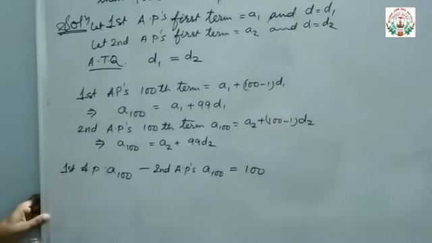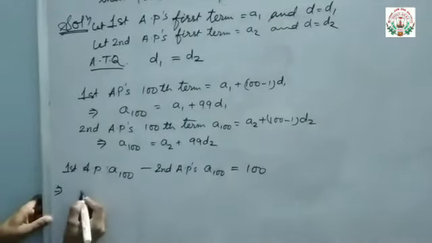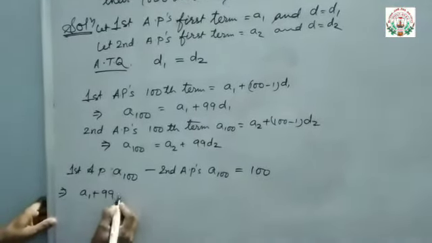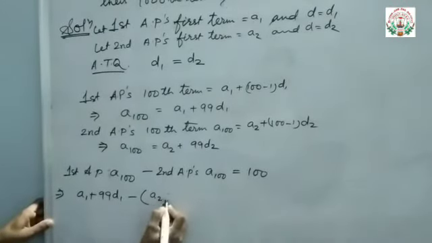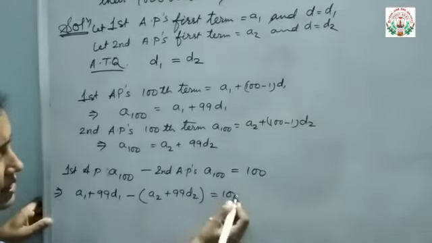It is given. So now put the values here. How much did you get? First one, that is A1 plus 99 d1, minus, within bracket, A2 plus 99 d2, equals 100.